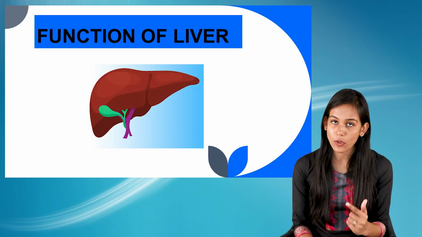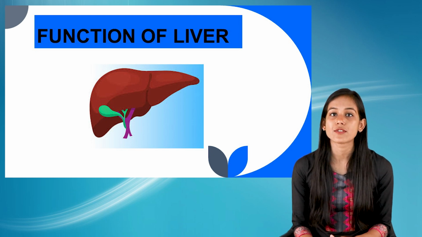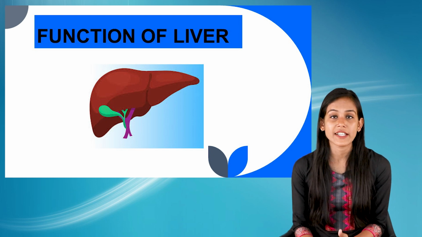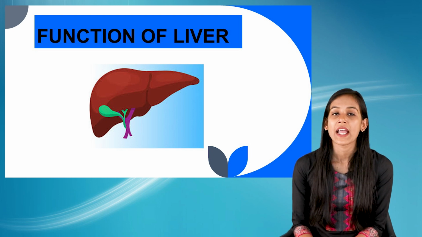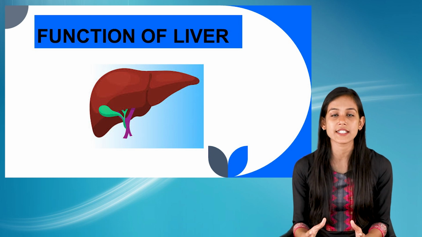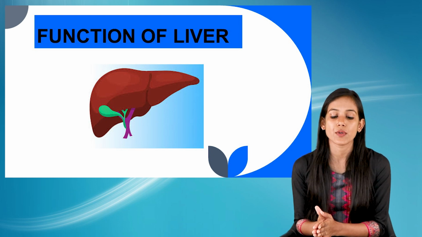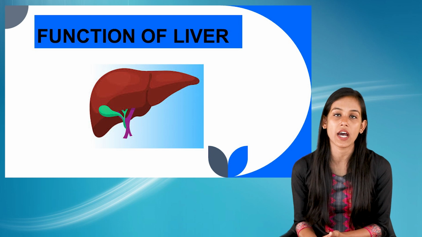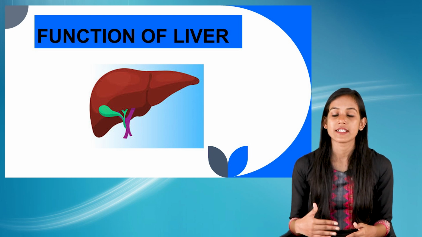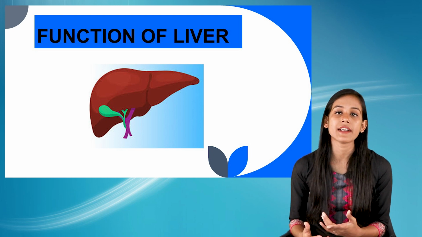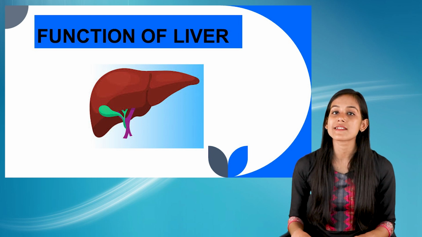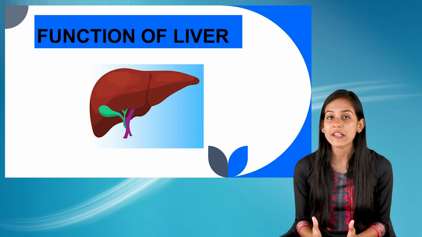It helps in storage: storage of glycogen, vitamins and minerals. And it helps in synthesis. Certain plasma proteins such as albumin and clotting factors are synthesized by the liver.